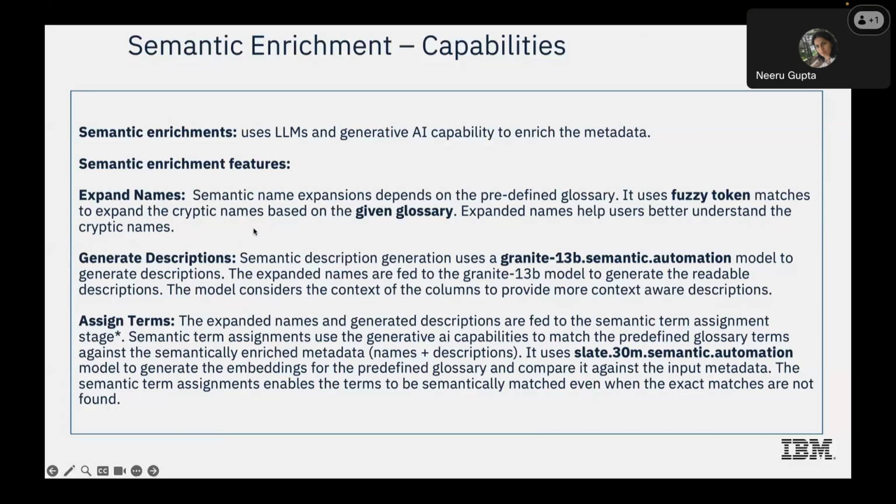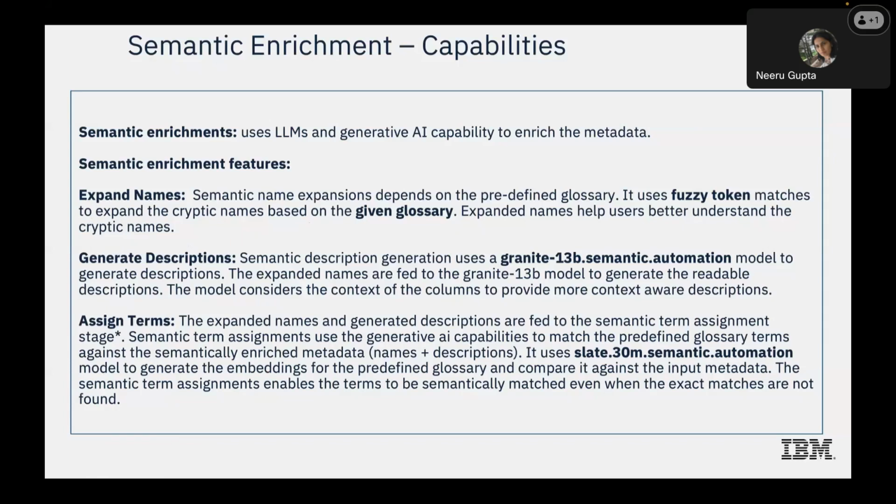So with the semantic layer, we can leverage the user-defined domain-specific glossary to make these cryptic names more readable. And in addition to the user-defined glossary, we also have some internal inbuilt intelligence which can expand some common abbreviations or acronyms. And I will demo that in the next section.